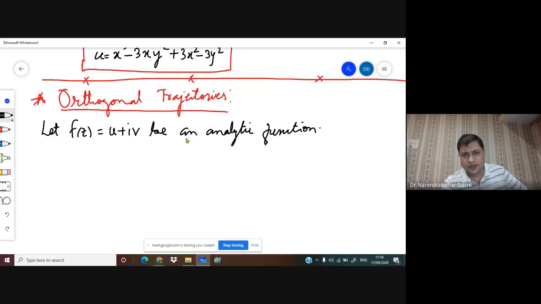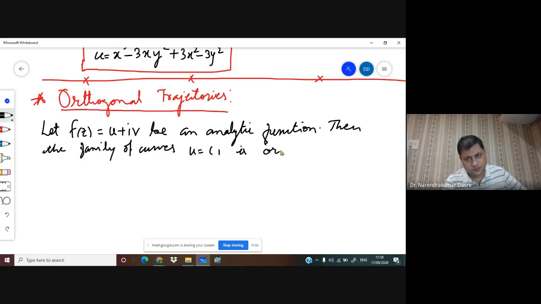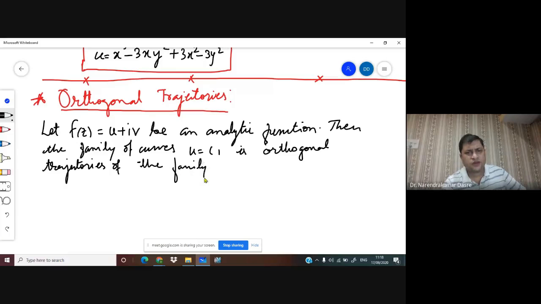So suppose we have this be an analytic function, then the family of curves u is equal to c1 is orthogonal trajectories of the family of curves v is equal to c2.